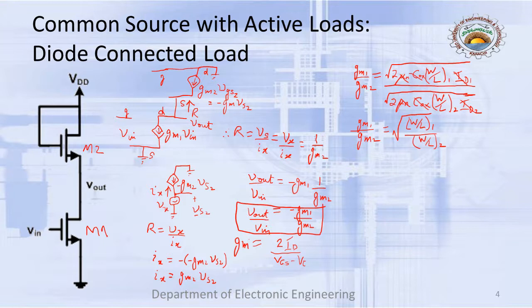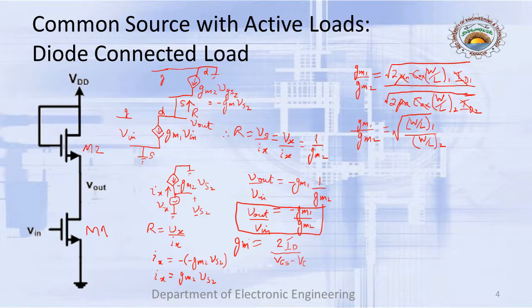I'm showing each and every step, and that's why it's going to take a bit of time. That's Vx over Ix, and this is hence equal to 1 over gm2. So we can say that the resistance looking into the second transistor is in fact equal to 1 upon gm2.